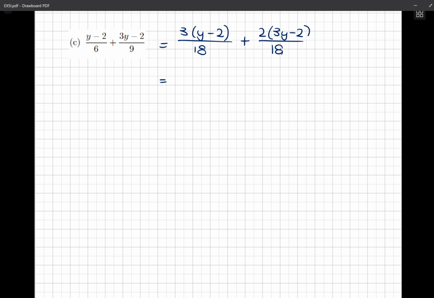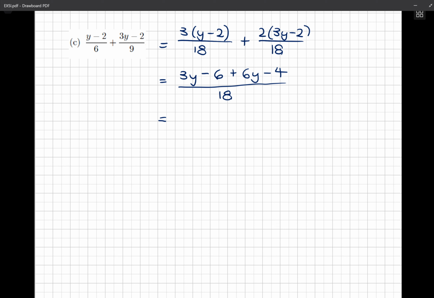Okay, so we know it's all going to be over 18, and we can expand out the top. So 3 times y is 3y, 3 times negative 2 is negative 6, and plus 2 times 3y is plus 6y, and 2 times negative 2 is minus 4, and that was talking about 18ths, so it's all over 18. And now we need to look for some like terms, and I can spot some there.